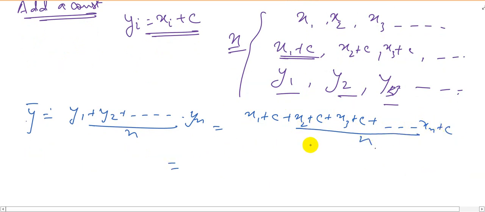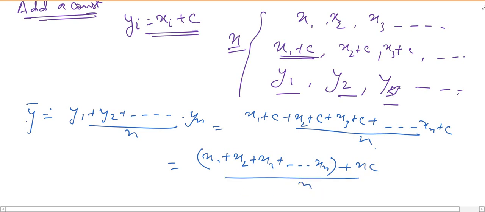We can take all the x's in one bracket and add all the c's. Adding c's n times would be n times c, upon n.